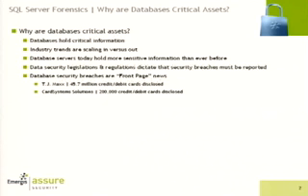Data security legislations and regulations out there. California led the way with SB 1386 a few years back, and I believe now there are 34 or 35 other states that actually have regulations in place that force companies to report data security breaches. Due to this, database security breaches are front page news.